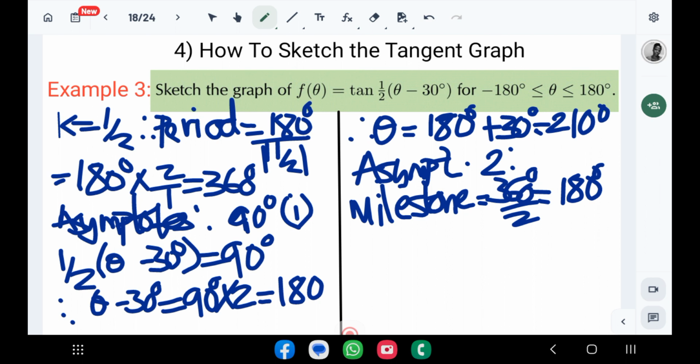So to find asymptote 2, we go 210 minus 180.